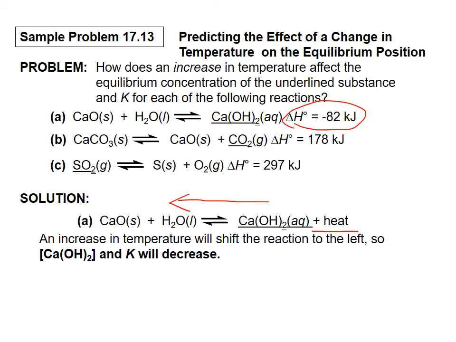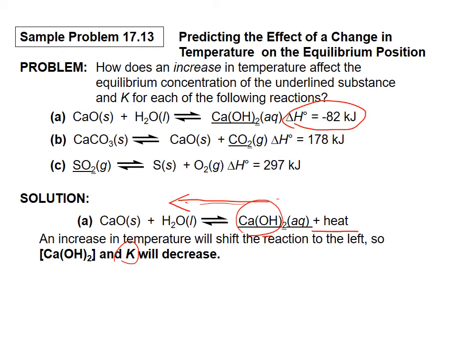So increased temperature shifts the reaction to the left. When the reaction goes to the left, the underlined substance, calcium hydroxide, will decrease, and the equilibrium constant also decreases because the reverse reaction consumes product and increases reactants.